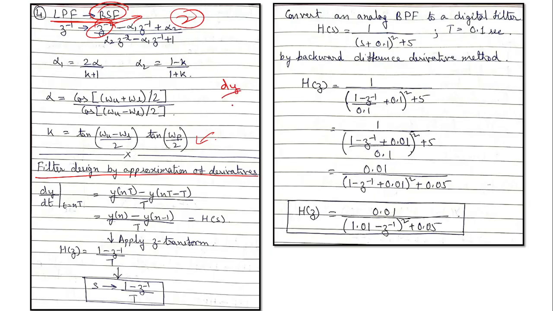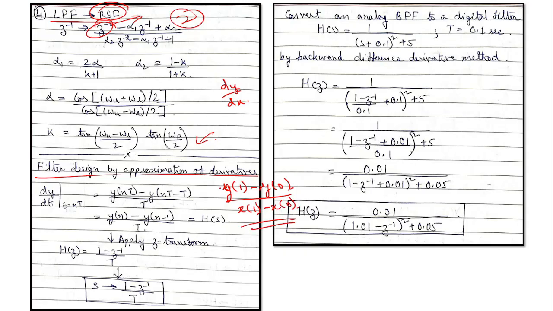Derivative is nothing but dy by dx. For discrete time, how do you find it? You find (y1 minus y0) divided by (x1 minus x0).